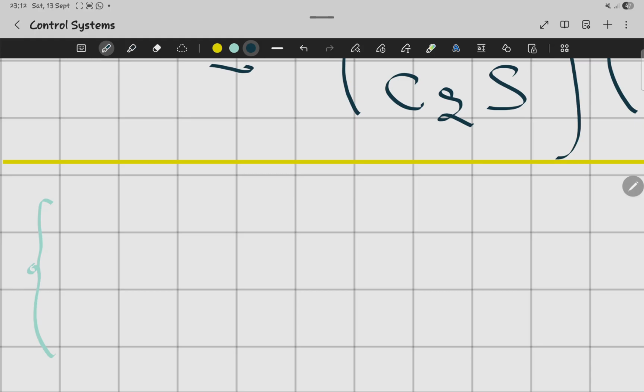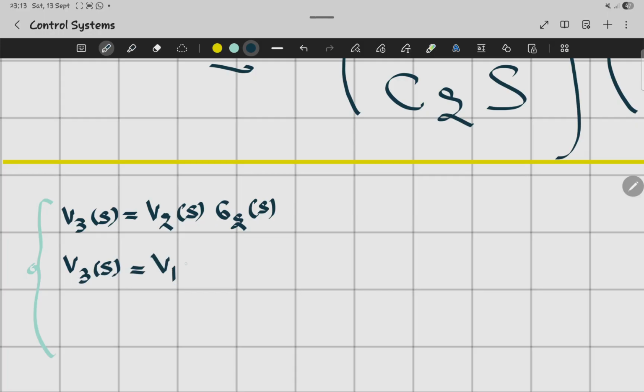So it was V3(S) equal to V2(S) J2(S), and then V3(S) equal to V1(S) J1(S) J2(S).